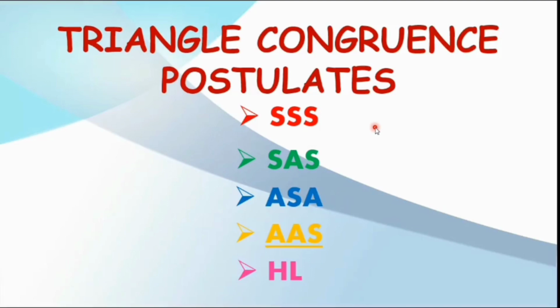Triangle congruence postulates are SSS, SAS, ASA, AAS theorem, and HL. So meaning these 5 triangle congruence postulates or theorem will be used in determining whether two triangles are congruent or not.